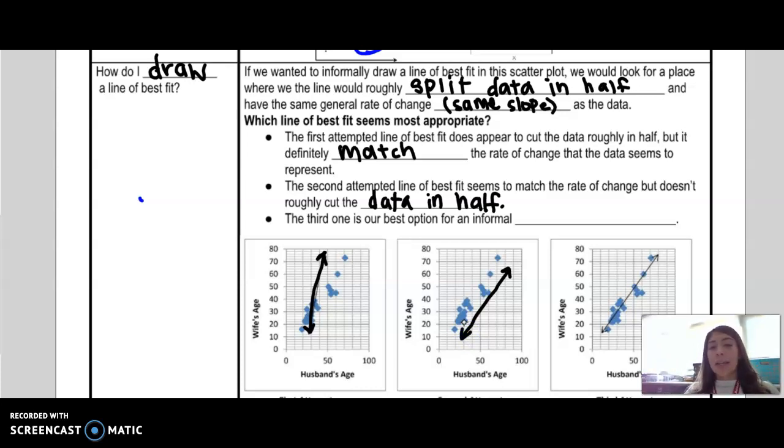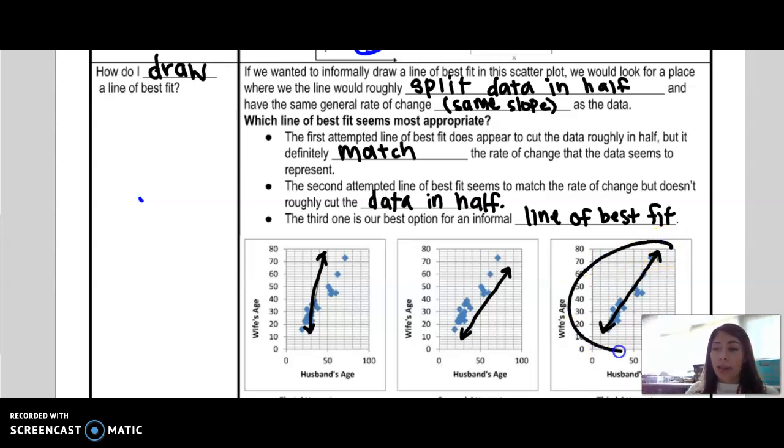The third one is the best option for an informal line of best fit because, as you can see, the line is close to the rate of change, and it looks like it's cutting all the data points in half. To the left and to the right, it looks like about the same points. So that one is going to be the best one.